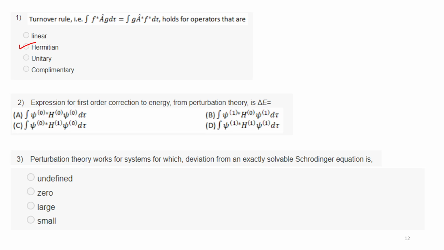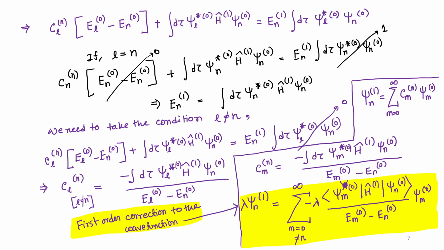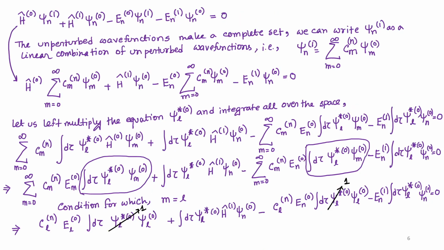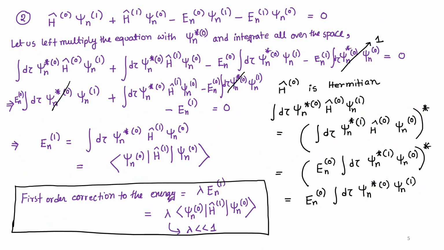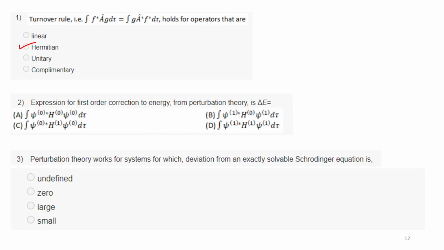Now the expression for the first order correction to the energy from perturbation theory is delta E, which we have already solved here. This is for the energy, not the wave function. As you can see, it is the zeroth order psi n, the first order perturbation, and psi n zeroth. So option C is the correct option.